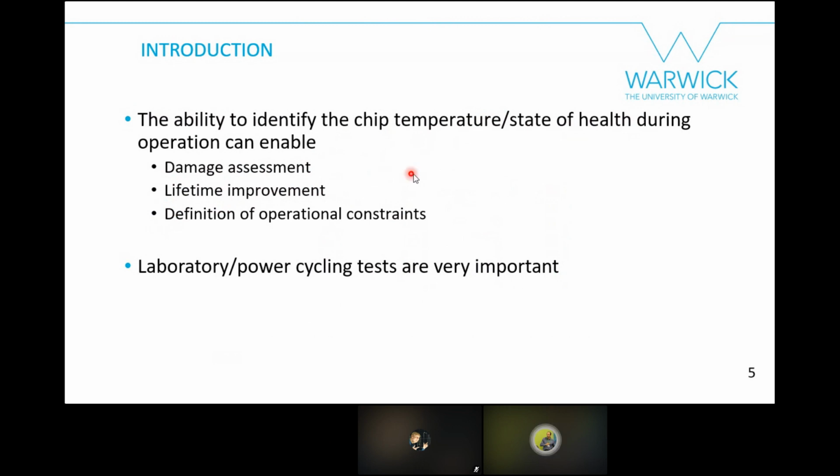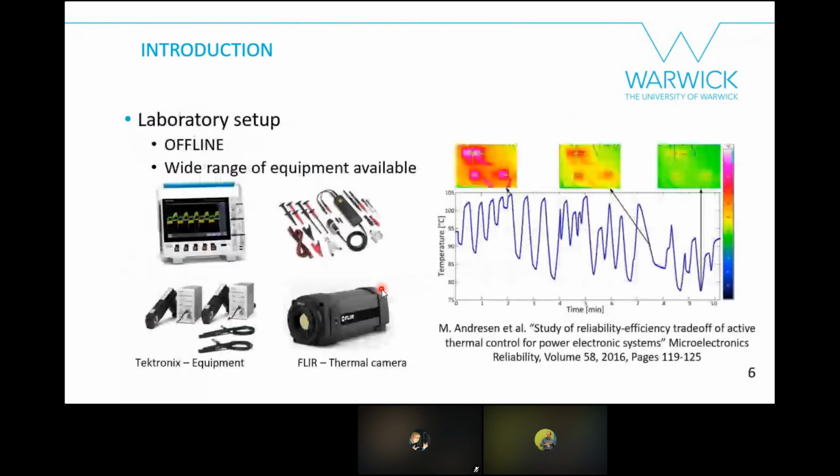So you can say, okay, my device is getting hot, I don't want this temperature to go this high, or I think that my power module is damaged, it's time to replace it. That's why managing and identifying the state of health and the chip temperature is important. And to that end, laboratory power cycling tests are key because they give you a feeling, they give you an understanding, they explain the underlying failure mechanisms.